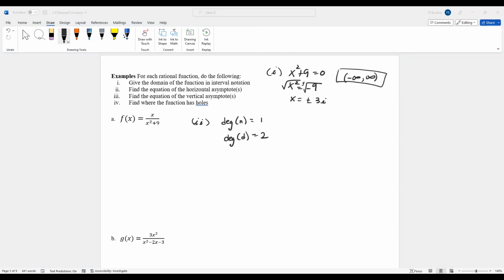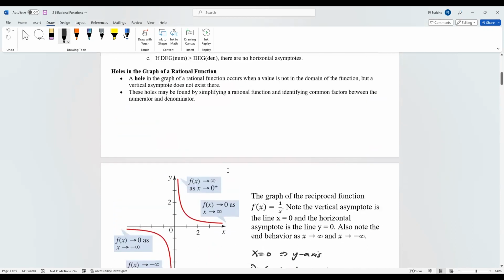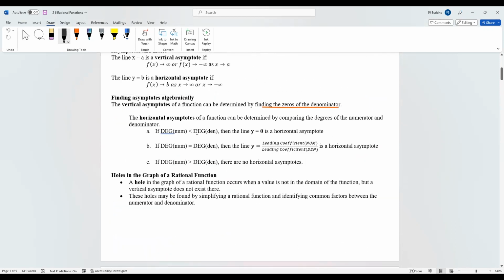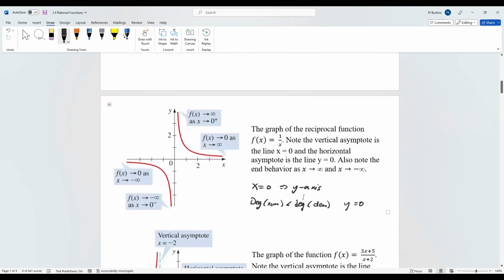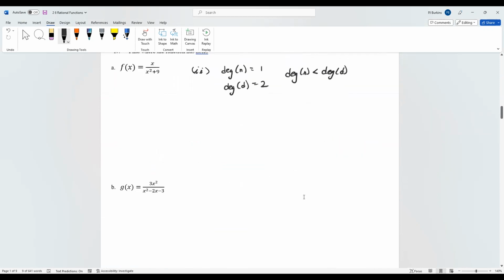That means that we have degree of n is less than degree of d, or the denominator. So if we look back up at the top here, the degree of the numerator is less than the degree of denominator, then y equals 0 is our horizontal asymptote.